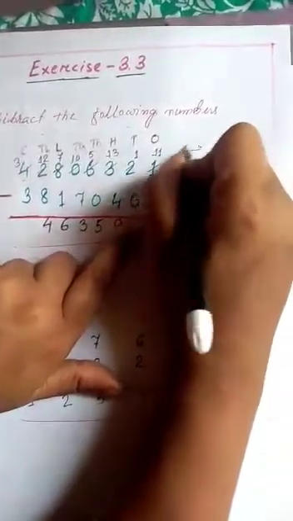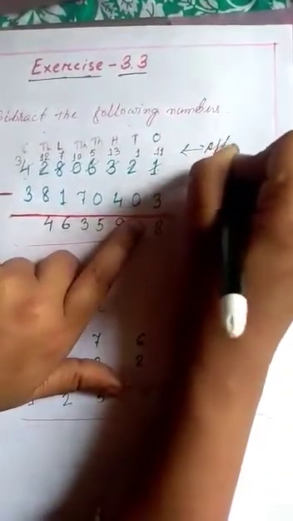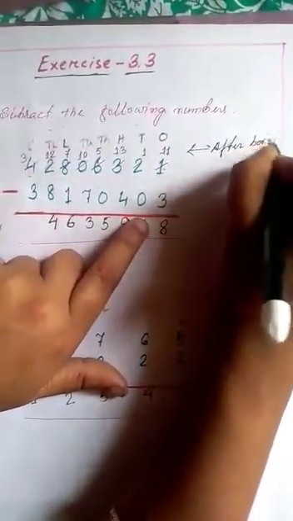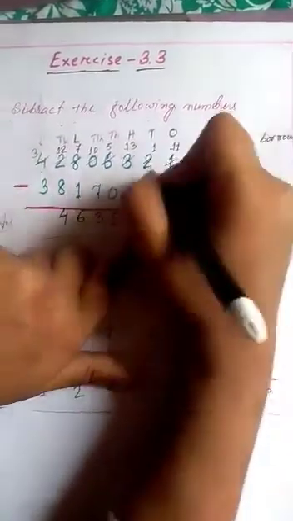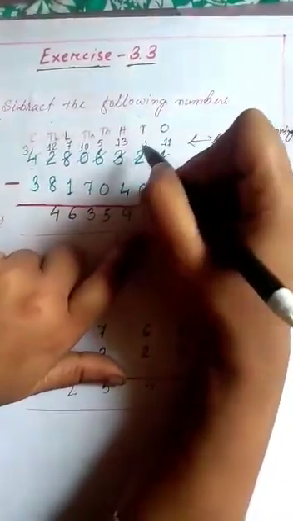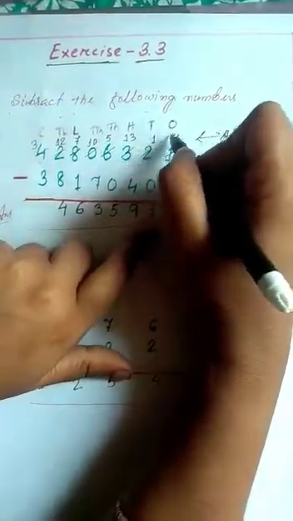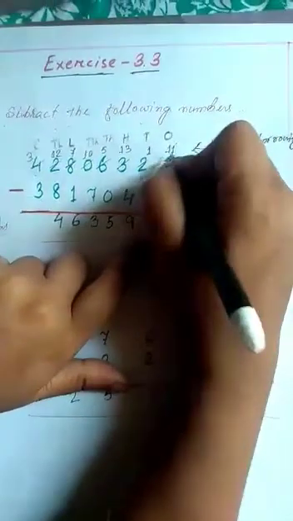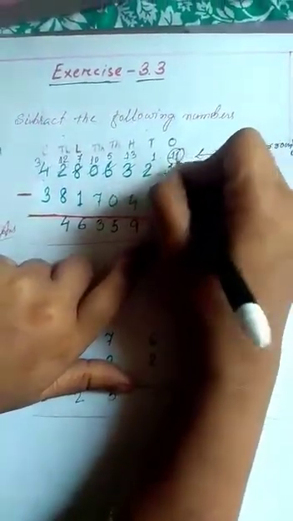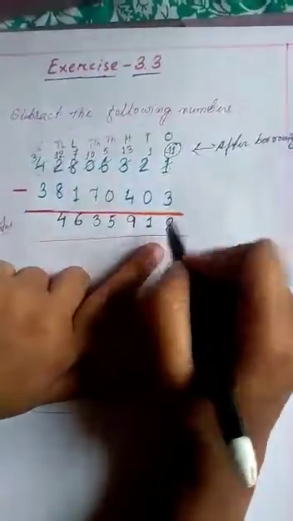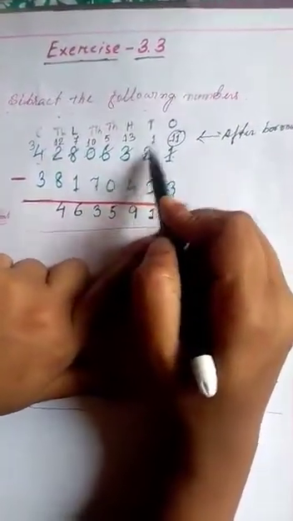That's why we have to borrow from the tens place digit, which is 2. So we borrow 1 from here. It will be 10 plus 1, that means 11. 11 minus 3 gives 8. Now 2 has become 1.